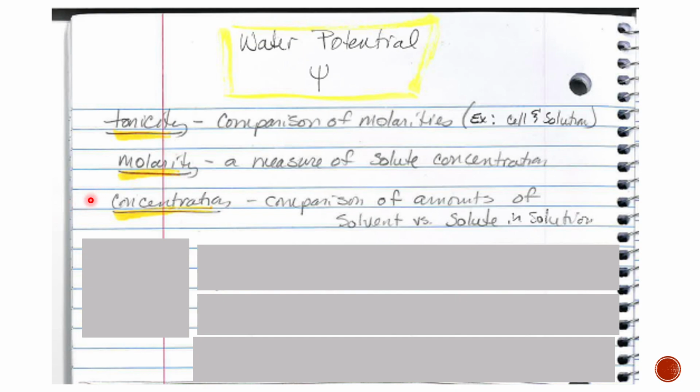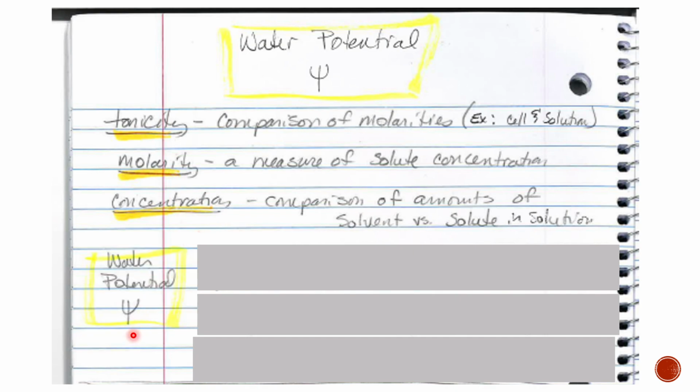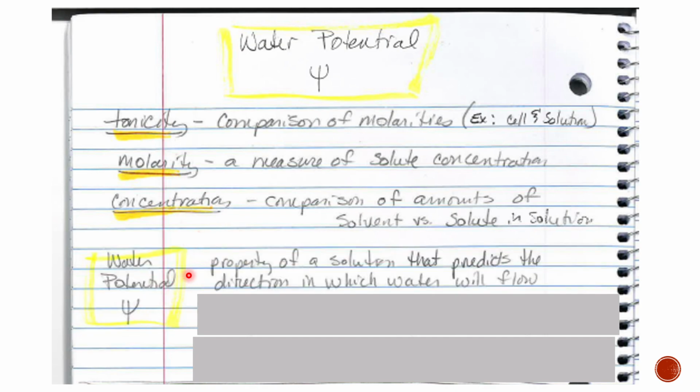So you can have a solution that's very concentrated, or you can have a solution that's very dilute. So movement of water, diffusion of water is osmosis, and water potential is looking at that property of a solution that predicts in which direction the water will flow.